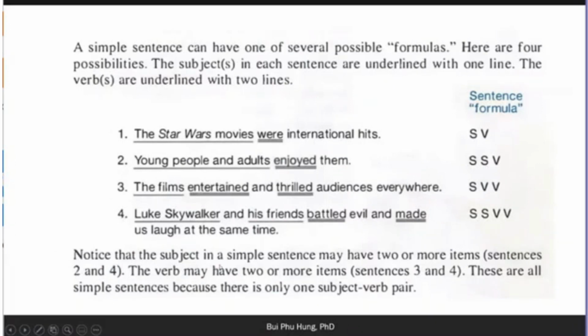Notice that the subject in a simple sentence may have two or more items, for example sentences 2 and 4, and the verb may have two or more items, for example sentences 3 and 4. These are all simple sentences because there is only one subject-verb pair here.